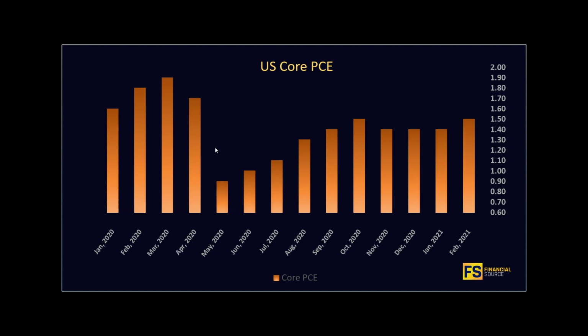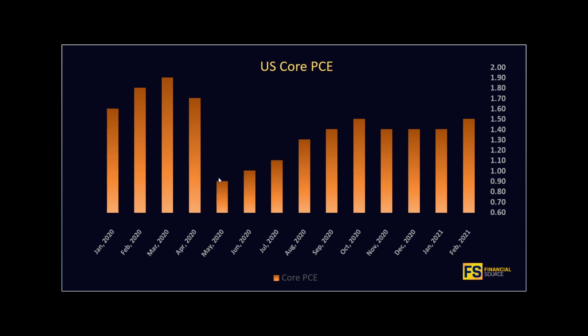So let's take US core PCE as an example, while we're on the screen. It has been distorted by quarter 2 and the massive lockdowns we had across the globe. Looking at US data, we had a huge drop to the downside in core PCE in the second quarter of the year. The main reason, like we said, was the pandemic, the economy shutting down.